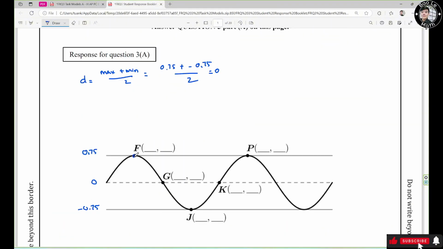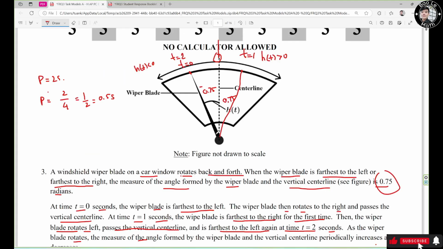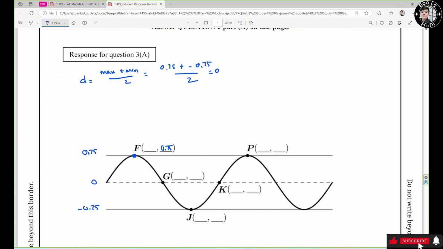Point F is the maximum point. So the maximum value should be 0.75, you put over here, which means the wiper plate should be on the right-hand side right here. And right at this point, t should be equal to 1. So I have 1 right here. When it goes to G, this is the midline, which means the first quarter.